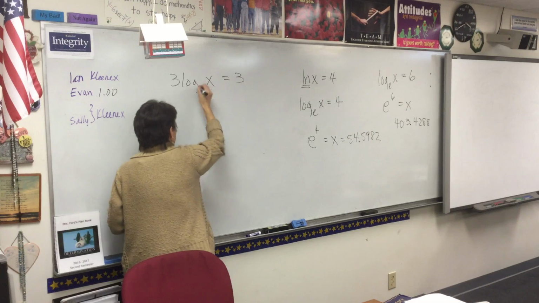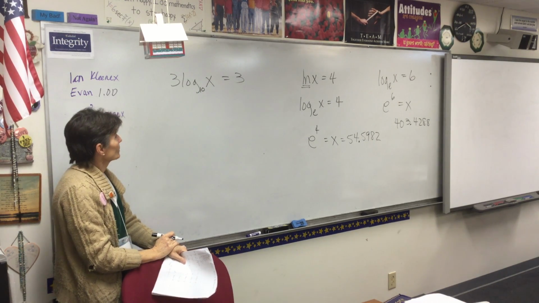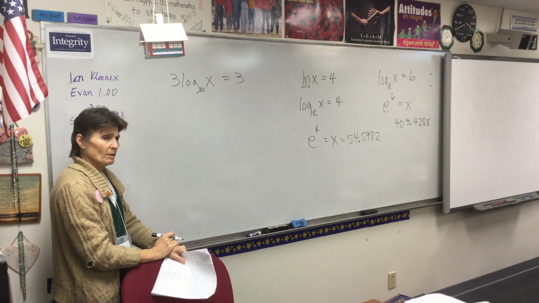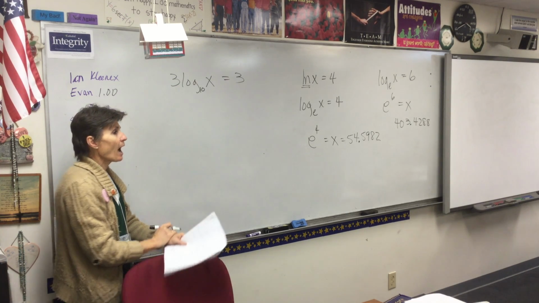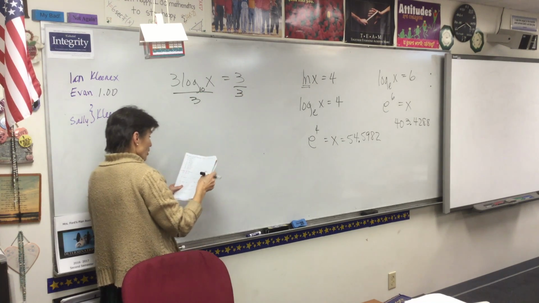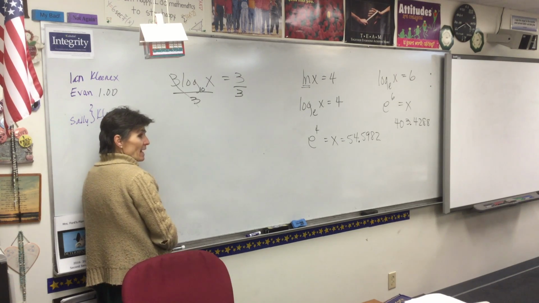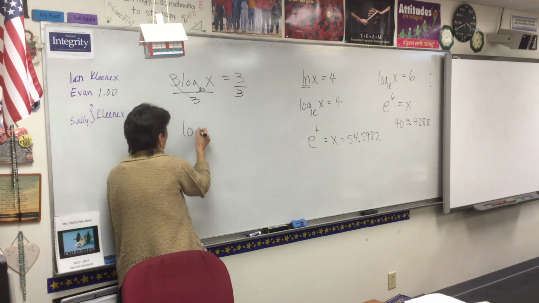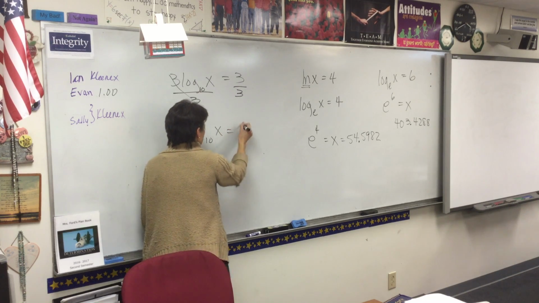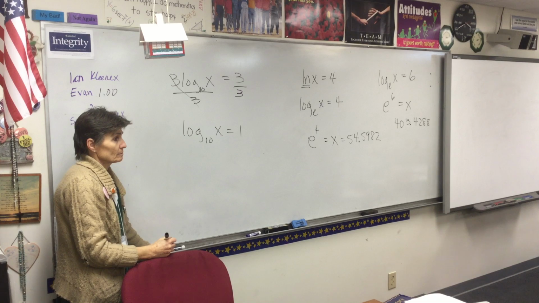All right, I'm going to pop a base 10 in there just so I don't forget it. You got a couple of options, but I think I would divide both sides by 3 to start with, so that I don't have to worry about that anymore. So I have log base 10 of x equals 1. Right?